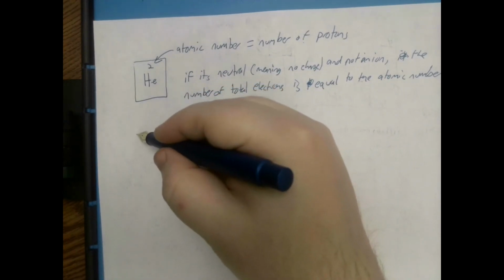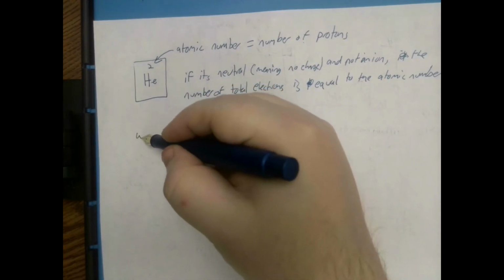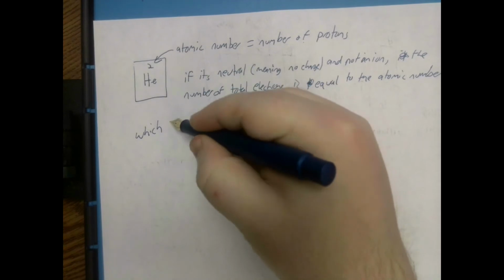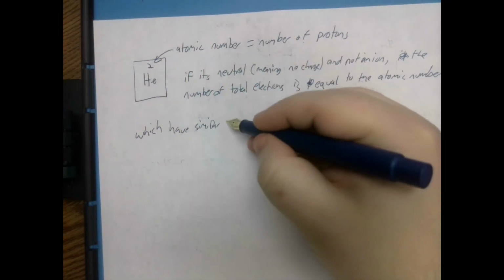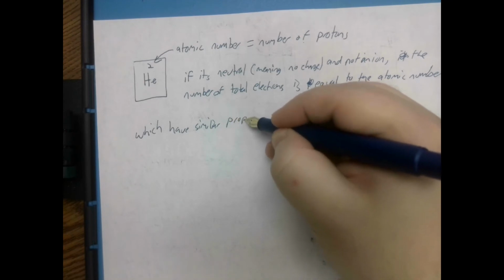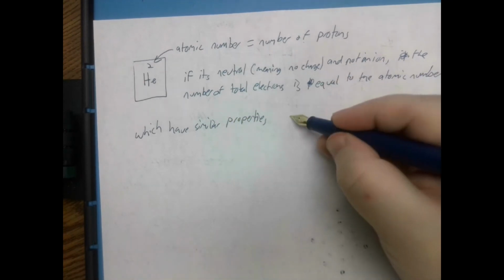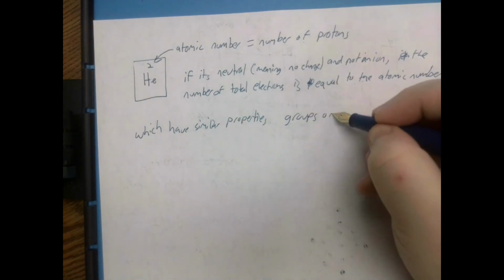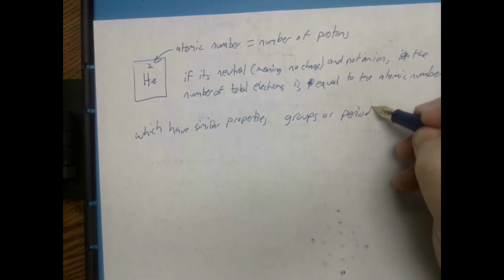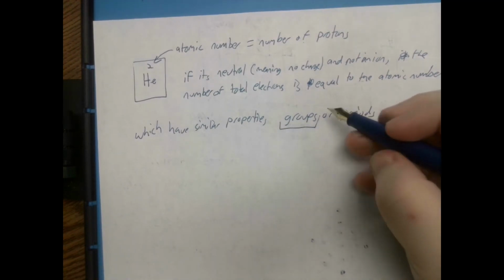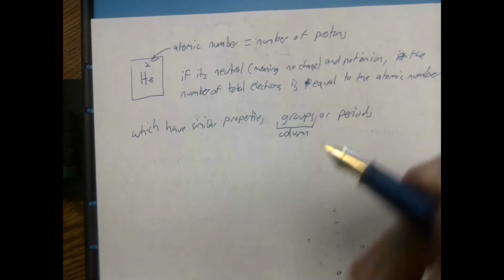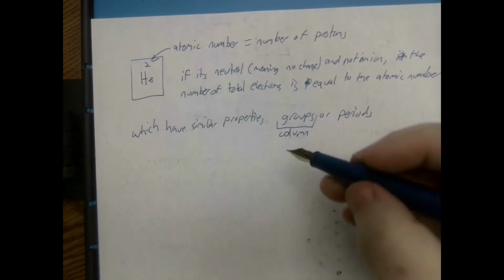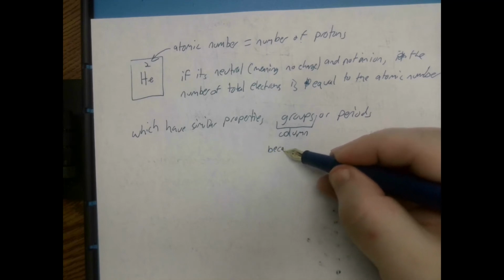So which have similar properties? Groups, not periods. Things in the same column have the same properties, because they have the same number of valence electrons.